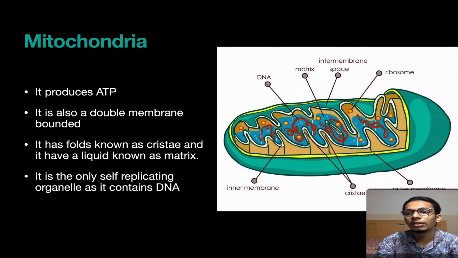All the other organelles are not going to replicate themselves, while mitochondria replicate whenever they want. They do not replicate with the cell division, they replicate by themselves within the cell, and they have their own DNA, which is the inheritance material, the importance of which I told you before.